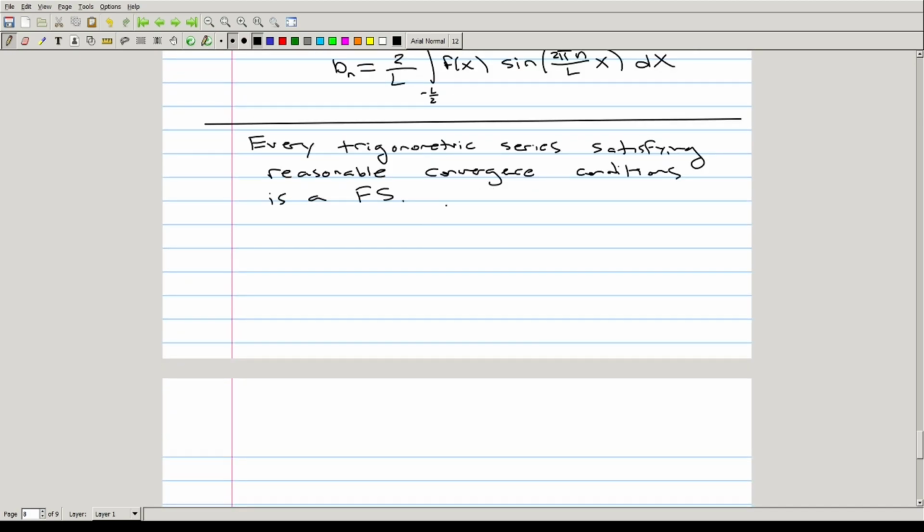And the reasonable convergence condition is particularly called a condition of uniform convergence.